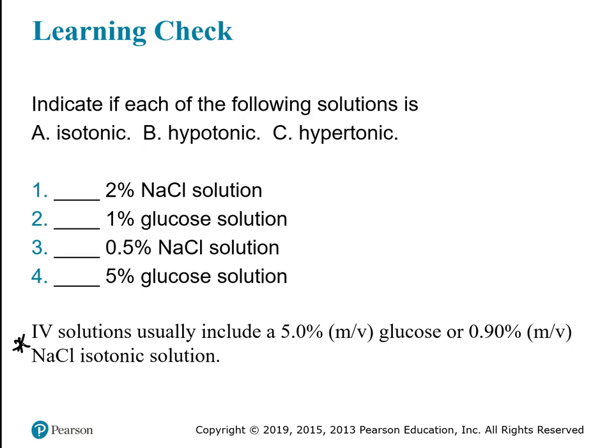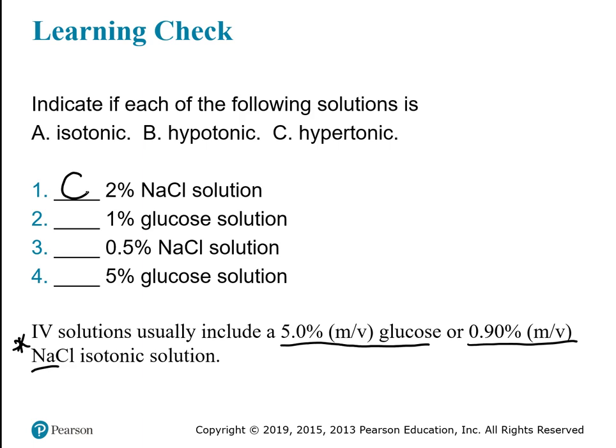So in an isotonic solution, we've got 5% mass by volume glucose or 0.9% mass by volume sodium chloride. So if you have a 2% solution of sodium chloride, that is above the 0.90%. So that's going to be hypertonic. Okay, that's more than the concentration of the IV solution.